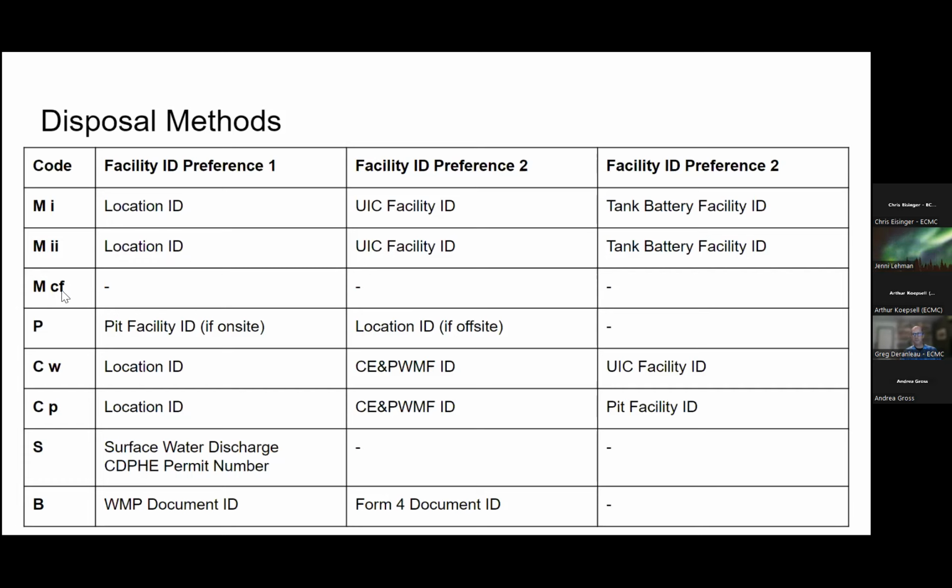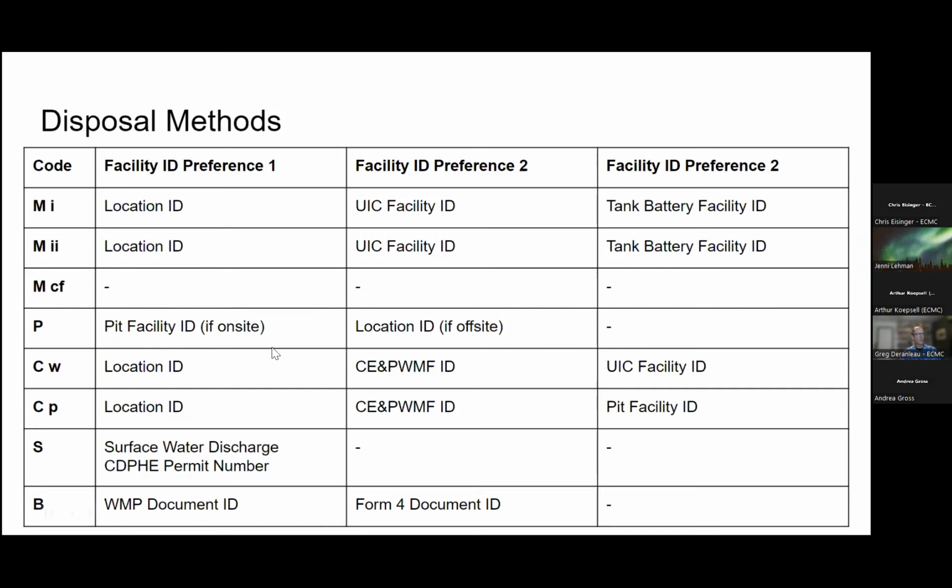A commercial facility that does not have a well, and so maybe they're doing evaporation pits, etc., but it's all permitted through CDPHE, solid and hazardous materials unit, won't have a COGCC location ID or facility ID, so there's nothing to populate in there. That's the only one for which we would expect that to be blank.